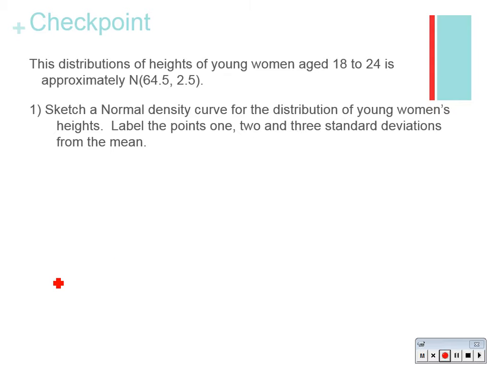The question says to sketch a normal density curve for the distribution of young women's height. So you're going to make your own density curve and then label 1, 2, and 3 standard deviations from the mean. Why don't you take a moment and try to answer these checkpoint questions on your own.